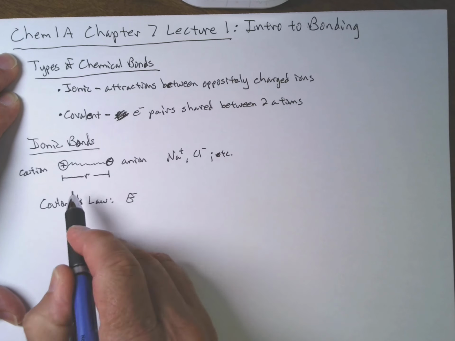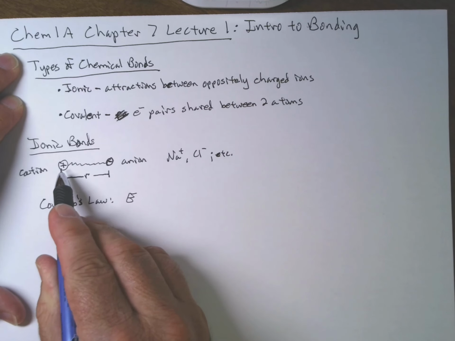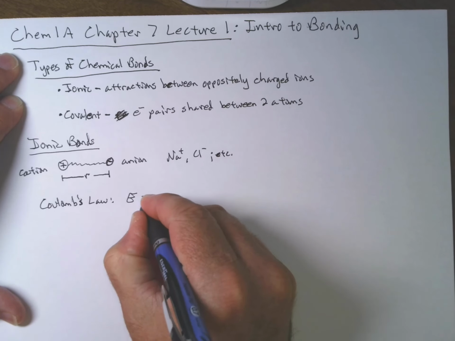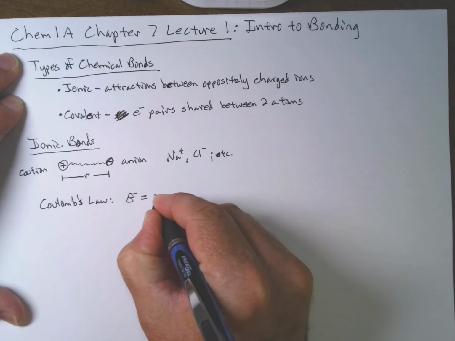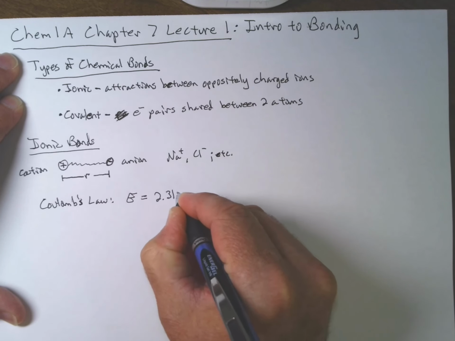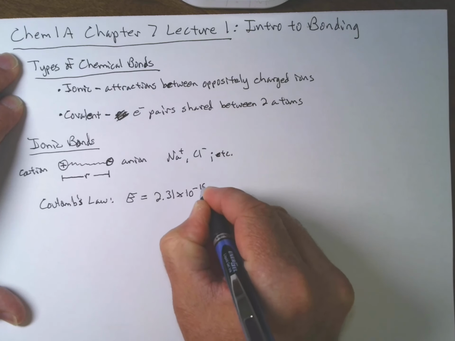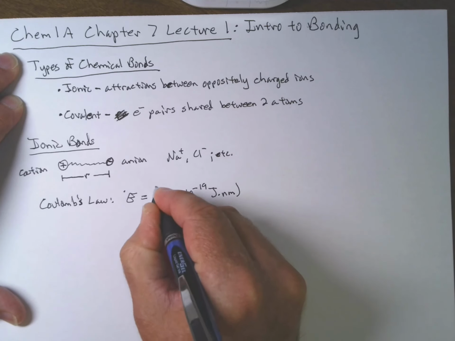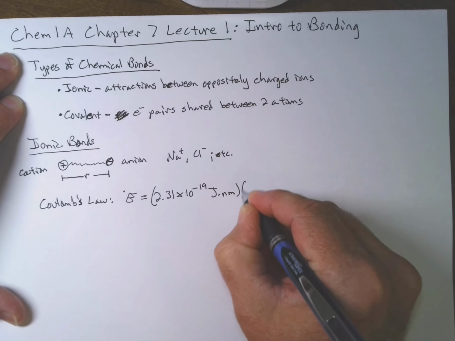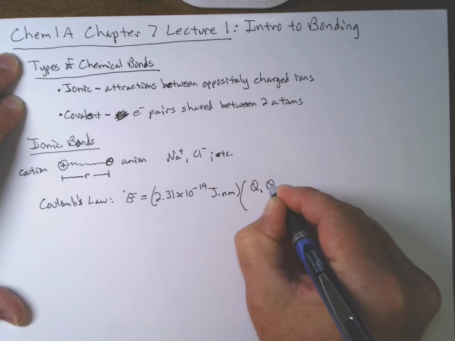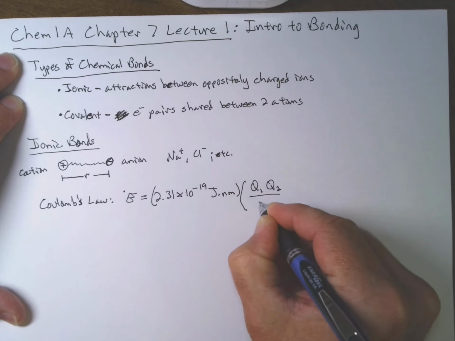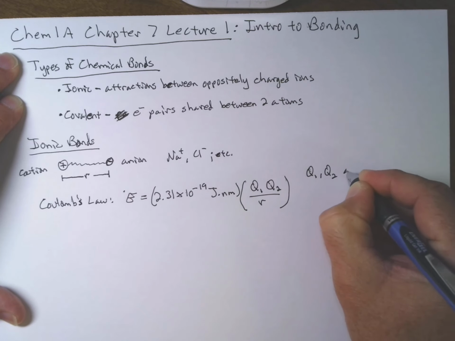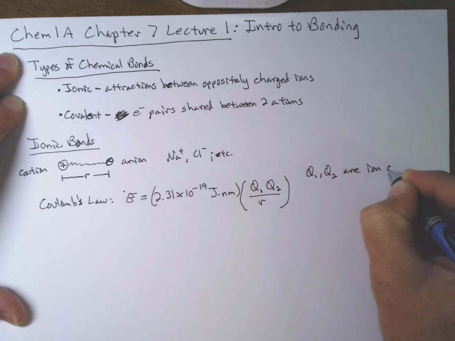But the energy of an attraction between positive and negative ions, actually any ions, you don't have to be positive and negative, the energy is some constant, 2.31 times 10^-19 joule nanometers, times Q1 times Q2 over R. And Q1 and Q2 are the ion charges.